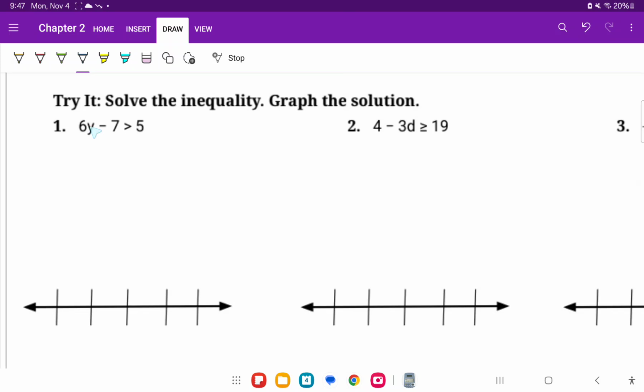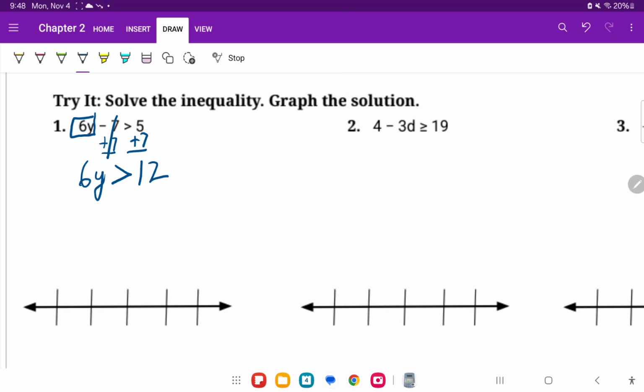All right, so first of all, this is what we're trying to get alone. So we'll add 7. So we'll bring down our 6y. The 7's cancel out. Bring down your greater than. And then this is going to be 12.